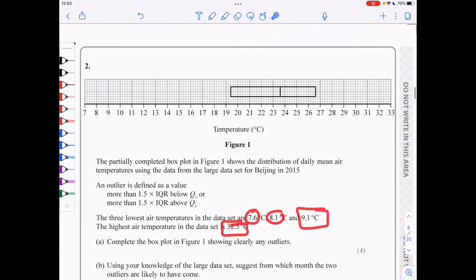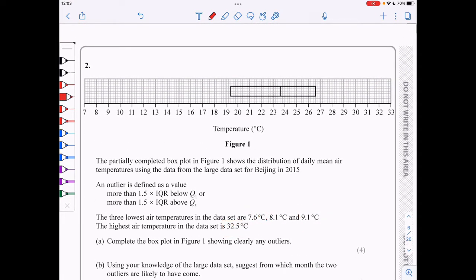We know that outliers are identified with crosses, so 7.6 is here, 8.1 is here, and I draw my whiskers at the last observations which were not outliers, so 9.1 and 32.5. So 9.1 is here, 32.5 is here, and I'll join this together to complete my box plot.